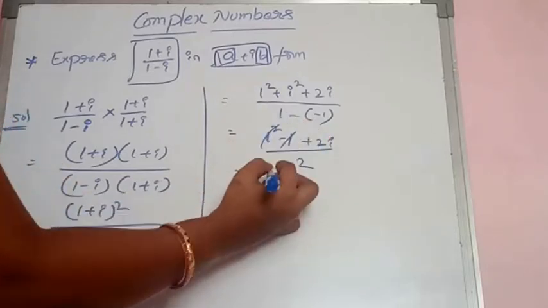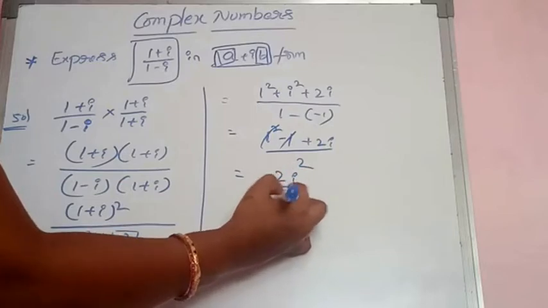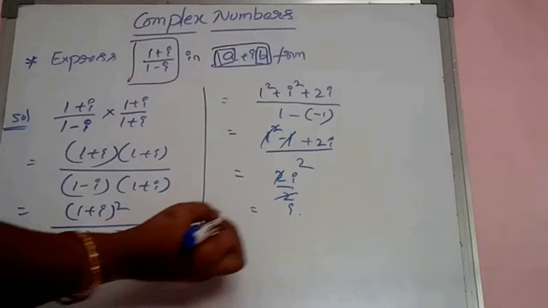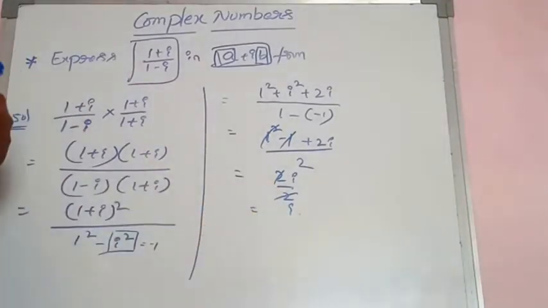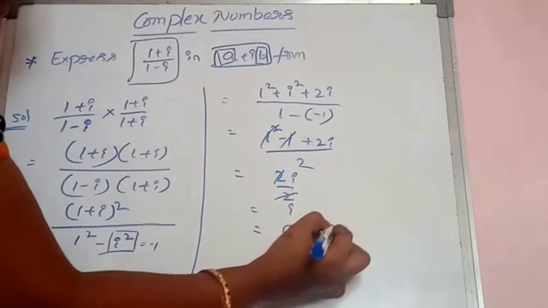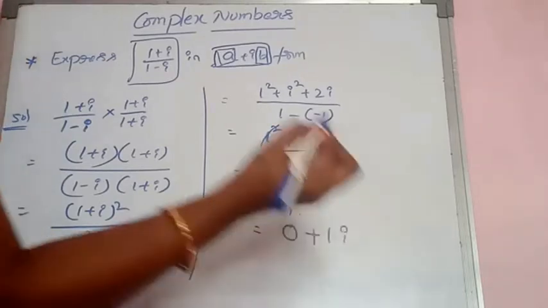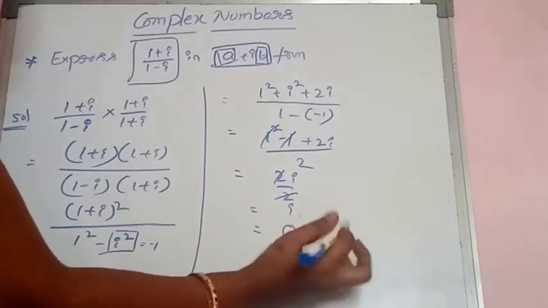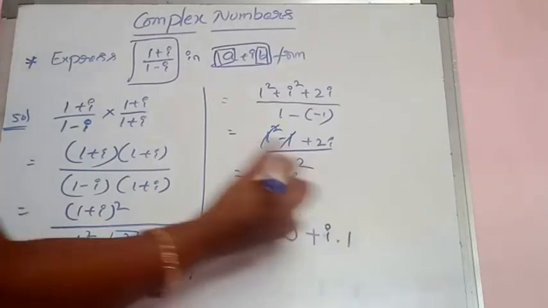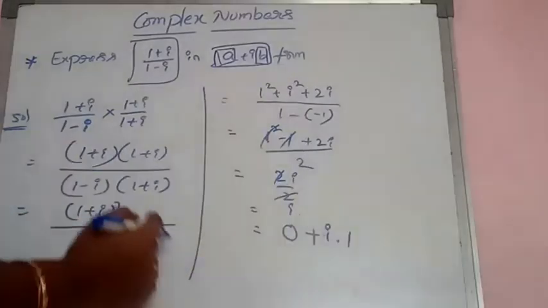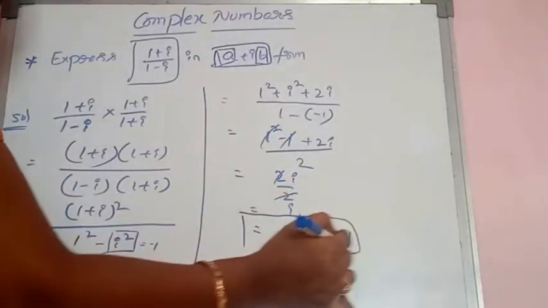That means 1 cancels, leaving 2i by 2. Here 2 is cancelled, so i is there. We write this i in complex number form, that is 0 plus 1 into i. This is the a + ib form. So this is the problem.